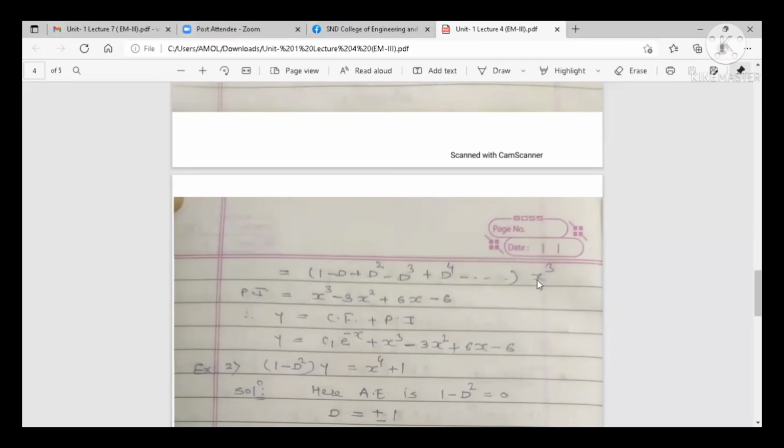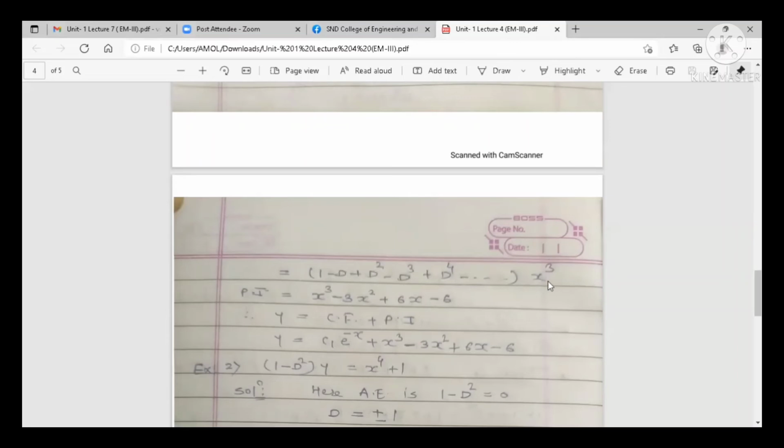You know that the n plus 1th derivative of x raised to n is always 0. And so you count the terms of D up to D cube only. The degree of this polynomial is 3, so you count the terms of D up to D cube only.